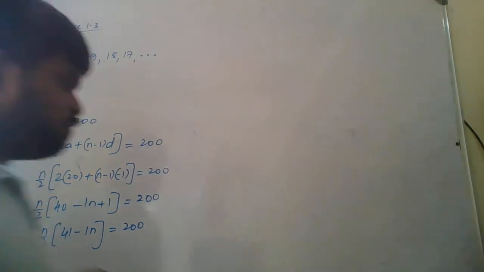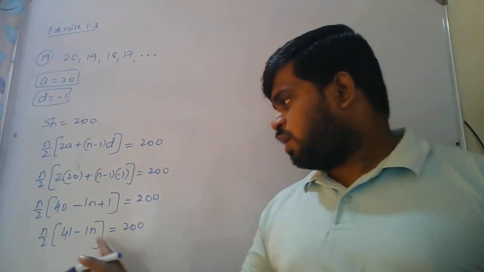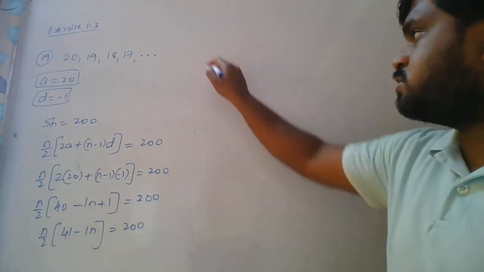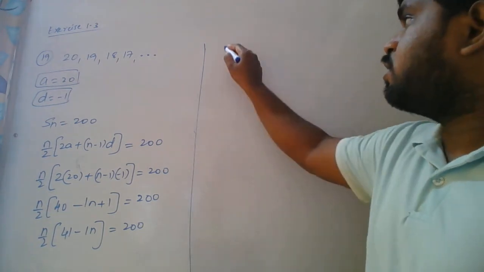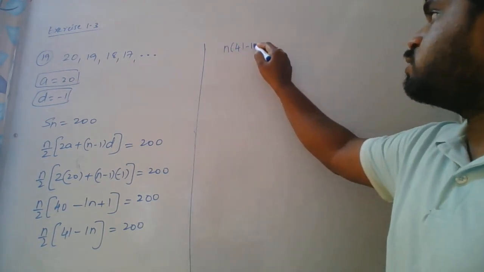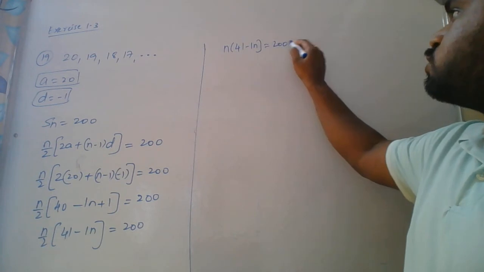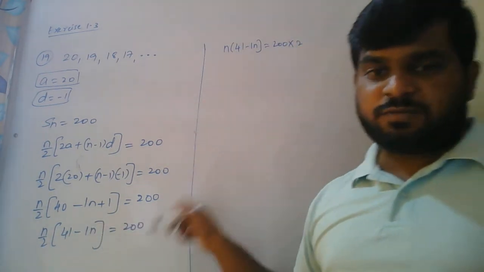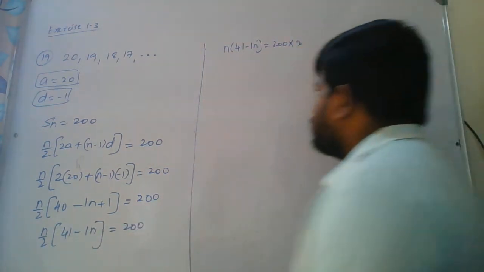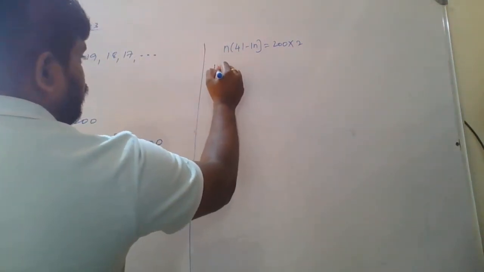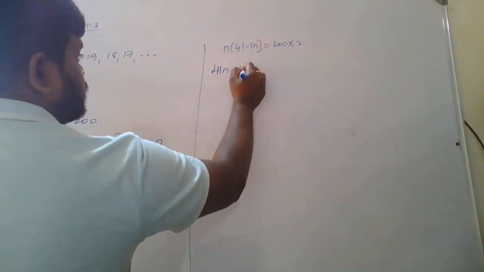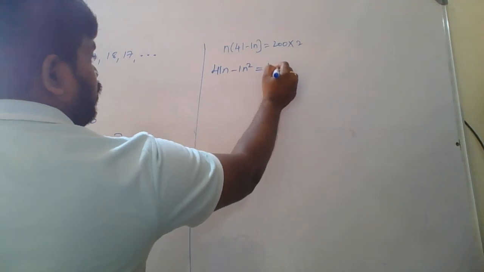Now you cannot take 2 common here, so send this 2 to the other side. So it becomes n into 41 minus 1n equals 200 into 2. That was in division; if it comes to the other side, it becomes multiplication. So n into 41 is 41n. n into -1 is -1n square, equal to 400.